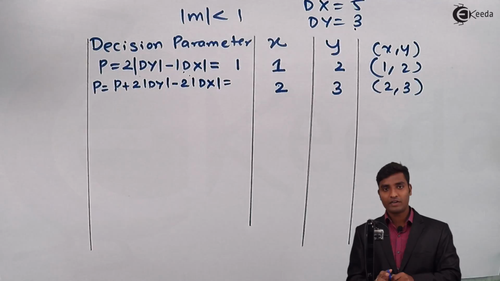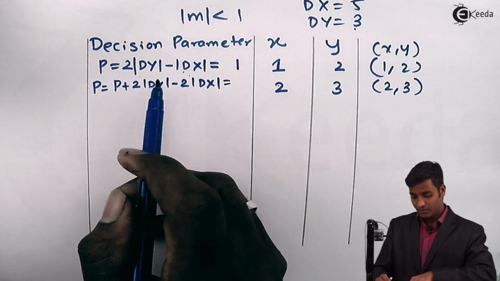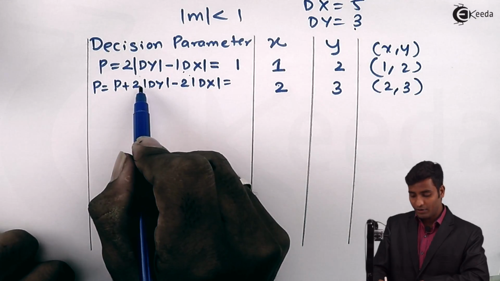So the initial value of p is 1 and dy is 3, so 2 into dy will be 6.